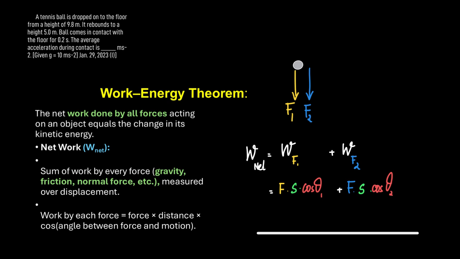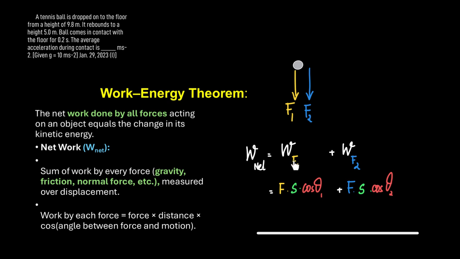Say for instance, there is one body like this, and on this body, two forces are acting, F1 and F2. So what is the net work done? It is the sum of work done by the force F1 and work done by the force F2. What is work done by force F1?